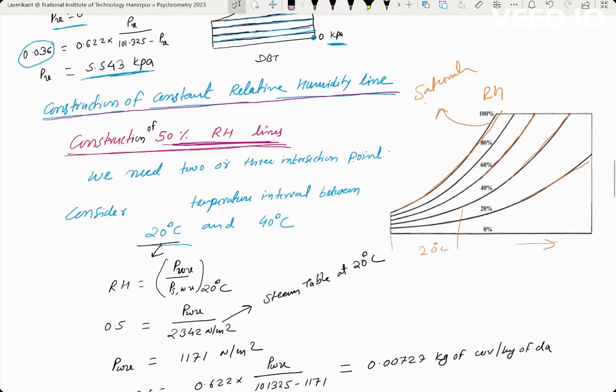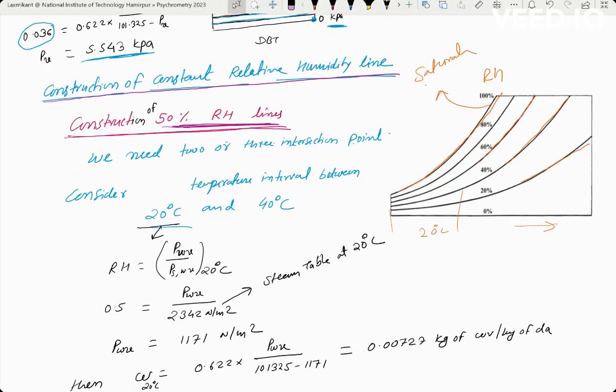So now how do we draw this relative humidity line? The 100% relative humidity line we obtain from the phase diagram, so we don't worry about it. We can draw the remaining relative humidity lines that are lower than 100%, but these are not exactly parallel in the higher temperature region like 35, 40 or 50 degrees Celsius.